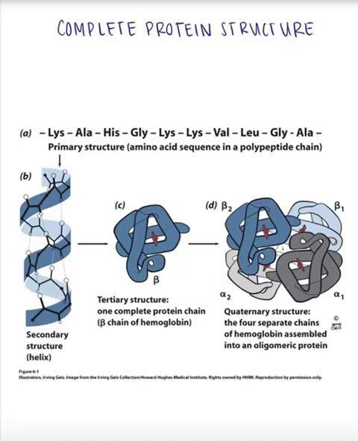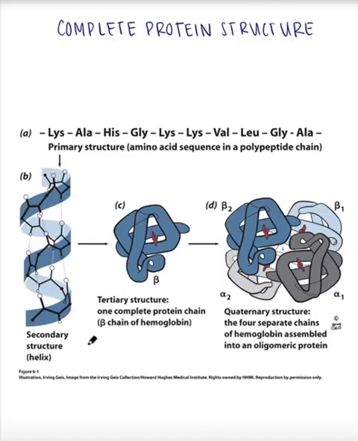So this is the picture of complete protein structure, right? As a review, we have our primary structure, which is just the polypeptide sequence. They're all attached via peptide bonds. Then we have local folding, which is the secondary structure, and that's going to be characterized by hydrogen bonds. Here in this example, they use an alpha helix, but remember it could also be a beta pleated sheet.